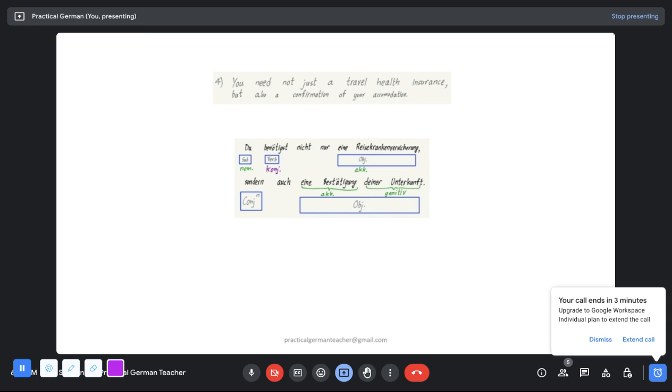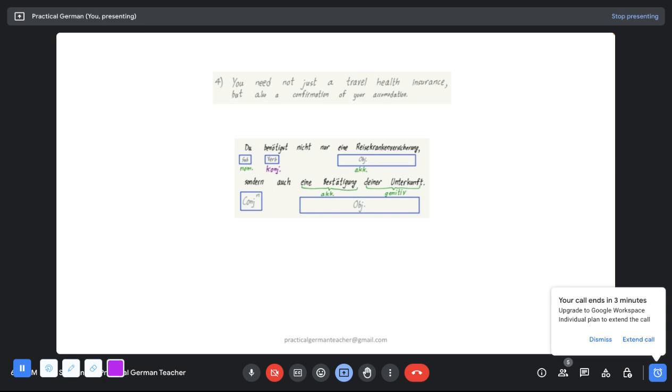And I went with sondern and not aber, because it is like not this but that. So here you can use aber, but sondern will be more accurate, right? I hope you know what it means. It means contrast, rather or instead.